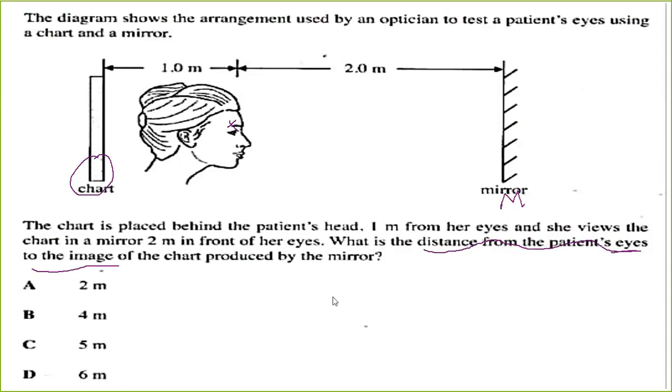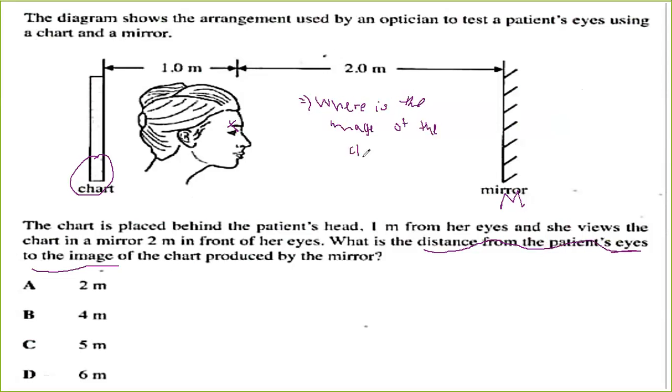I'm going to give you a minute to think about it. But I'm going to give you some steps, okay? So the first thing you need to answer these questions: where is the image of the chart?